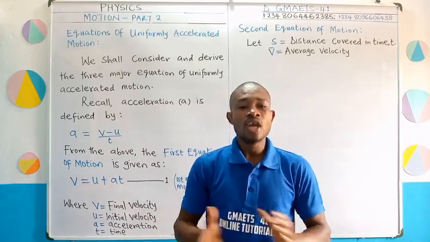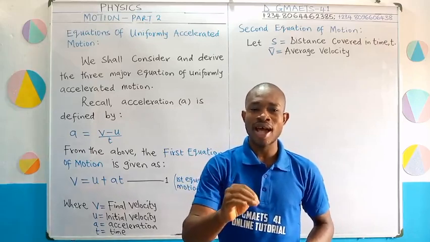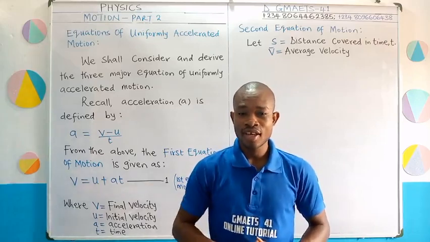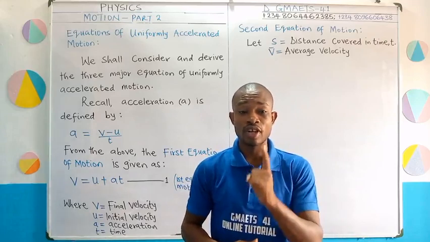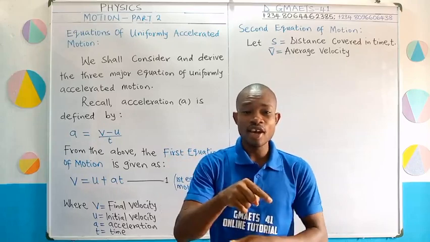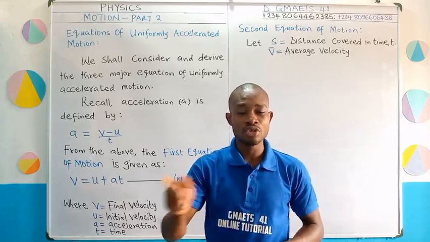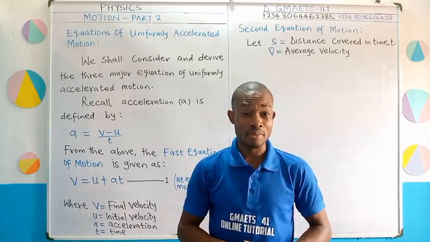Acceleration. So, if you remember, in our previous class, we defined acceleration as the rate of change of velocity. And when we wrote the formula, we stated that acceleration is equal to final velocity v minus initial velocity u, divided by t. That was actually average acceleration, you remember.